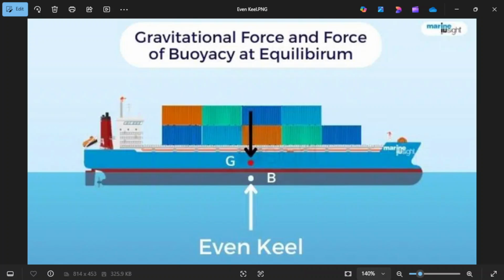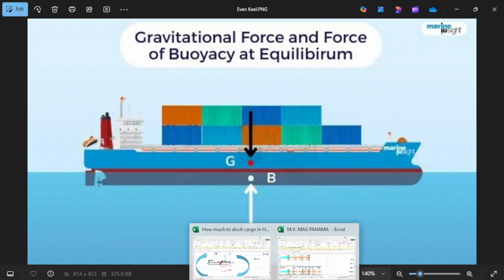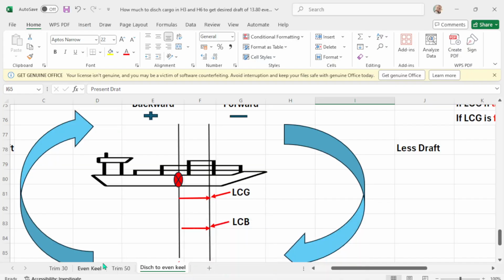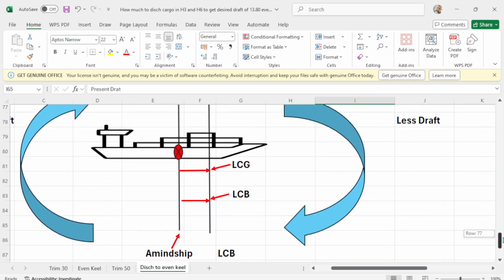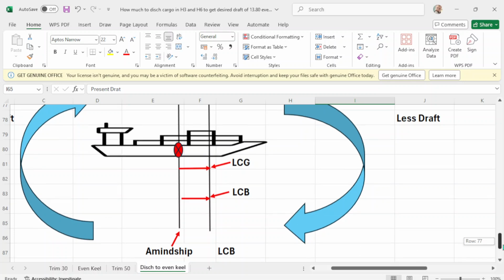So in the figure, the after part will go up and the forward part will go down. So there's a clockwise direction. That is the point that we're going to raise, that this will go up, this will go down in a clockwise direction.